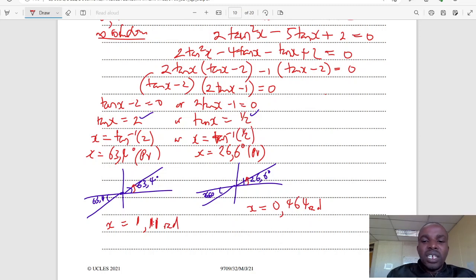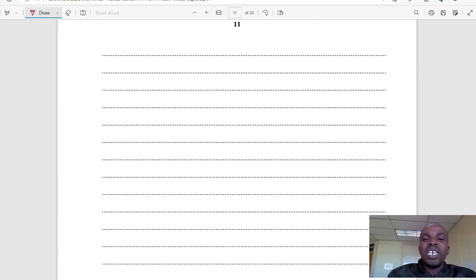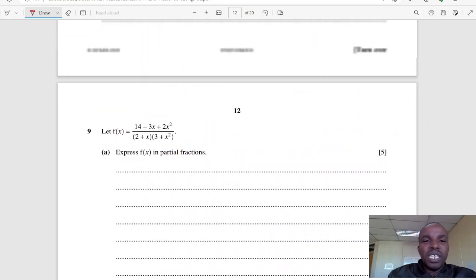Done. Because from this one to the second line, that one we don't need it. Why? Because our solutions will be above the limit. So this will be my solutions. So my x is 1.11, or my x is 0.464. Done.